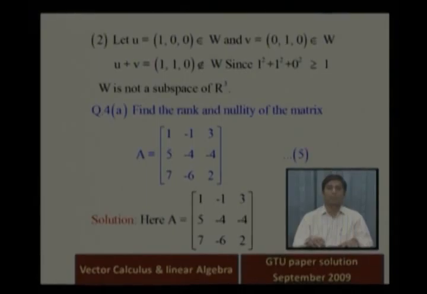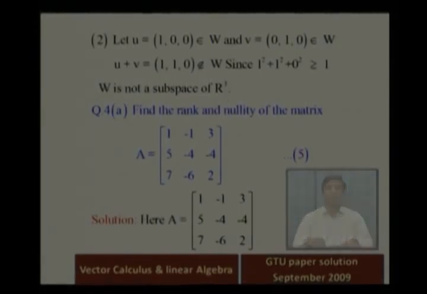When we take x square plus y square plus z square, we get 2, which is greater than 1, so it's not less than or equal to 1. So u and v both belong to W, but u plus v does not belong to W. So W is not a subspace of R3. So here they complete the solution.